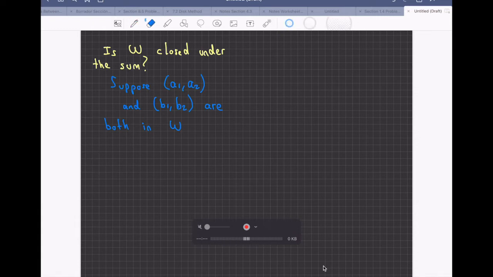No, I'm sorry. First, if these two elements are in W, then the sum of A1 and A2 is what? A1 plus A2 is equal to 0, right?